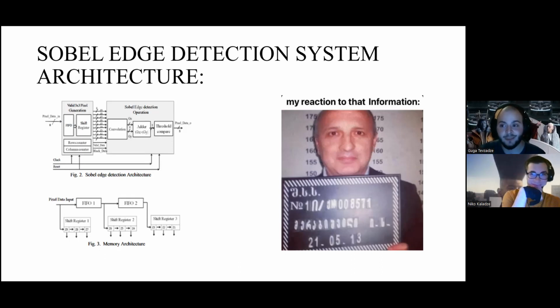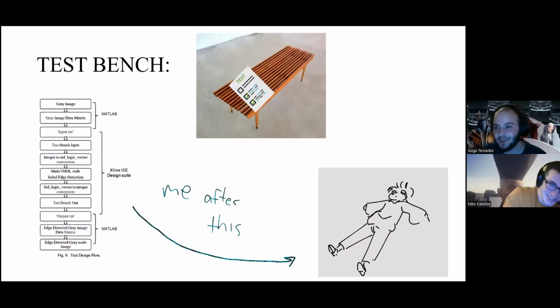That's basically what I can say about this part, because most of the information written there was, like Nico said, too hard to comprehend at some point, but basically you get the idea of what's going on here. So, next part.